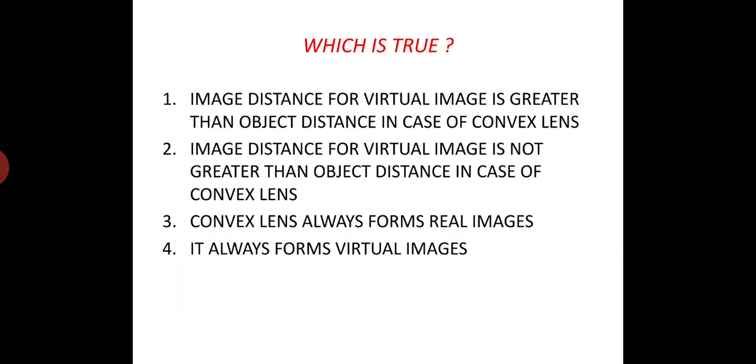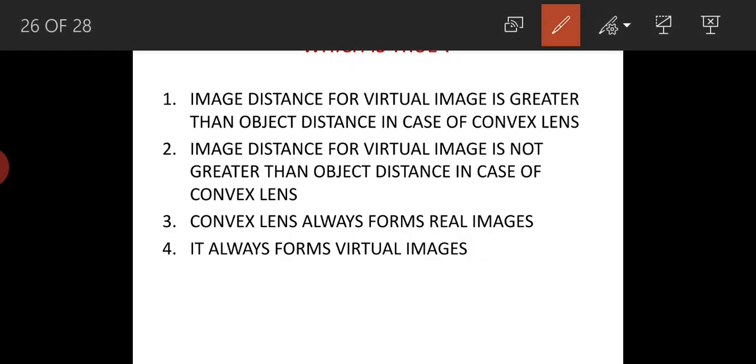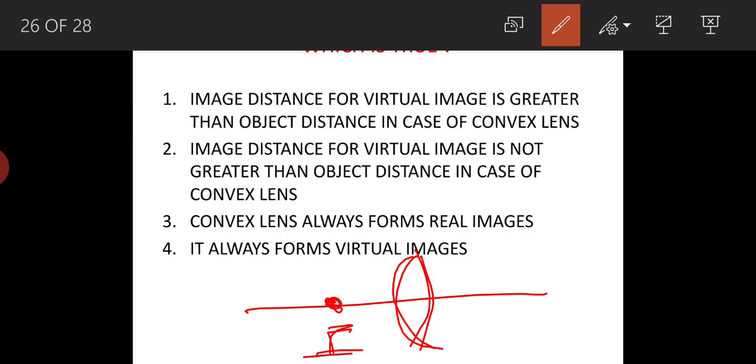Next one, let us see one multiple choice question, that is, which is true? Image distance for virtual image is greater than object distance in case of convex lens. So in case of convex lens, when virtual image is formed, when object is placed between focus and optic center.